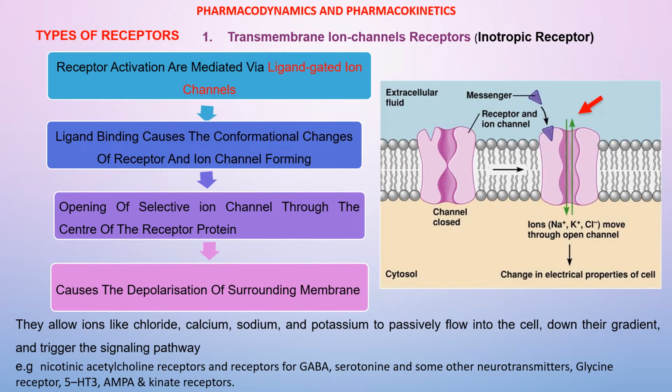This leads to depolarization of the surrounding membrane and triggers the signaling pathway. The figure on the right represents an ion channel receptor. Examples are neurotransmitters, nicotinic acetylcholine receptors, GABA receptors, glycine receptors.